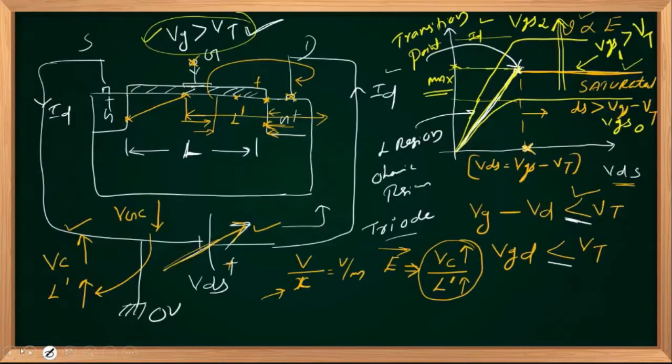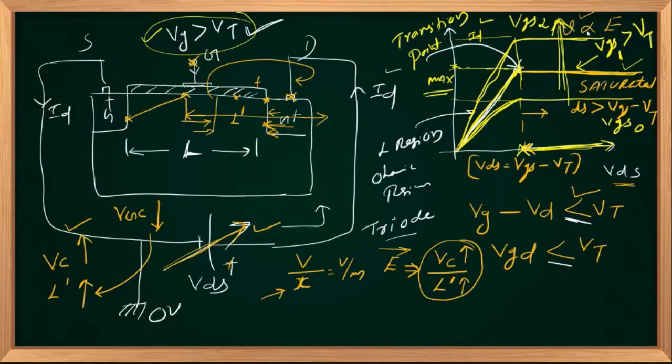It is independent of the drain to source voltage once it crosses this point. Until that, your current is linearly proportional to VDS, but just after that transition point, your current becomes constant, that is independent of VDS. That depends only on VGS. As VGS increases, your current increases.